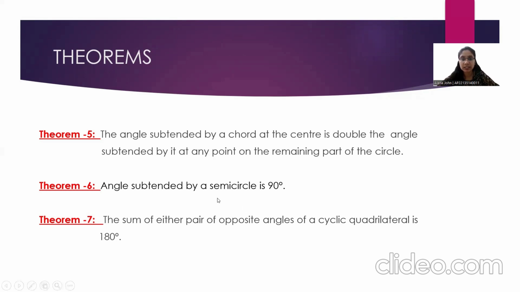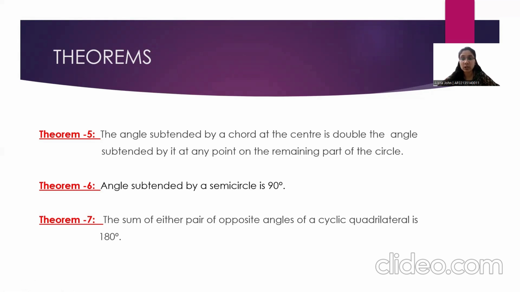So instead of circle here, we can use the term semicircle because we are considering the diameter and the above portion of it. So you can say the angle subtended by a semicircle is 90 degrees. This is a direct consequence of theorem 5. Is that clear?